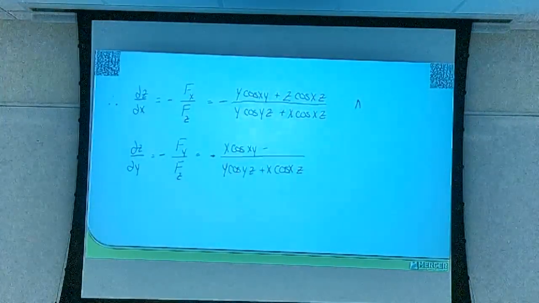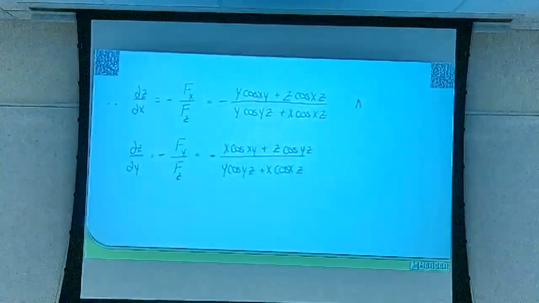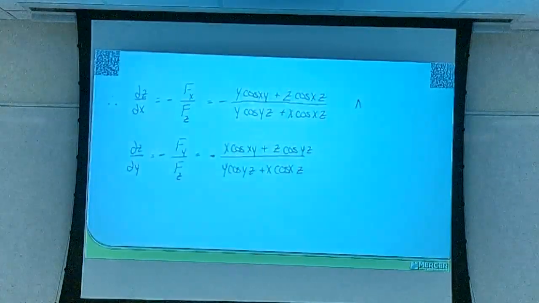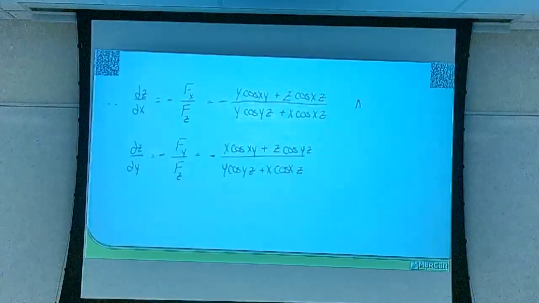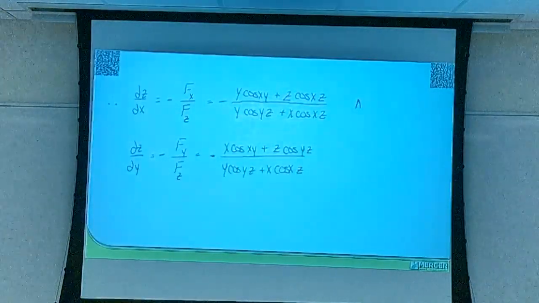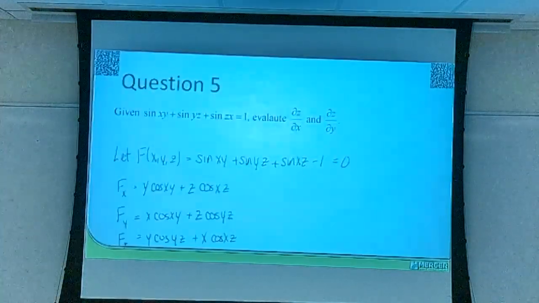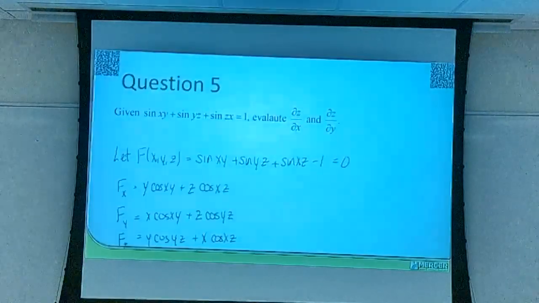That. There's your two partials, which is a lot easier. I'll leave you to try and brute force that using the Calc 1 technique, and show that after a lot of algebra, you get the exact same thing.